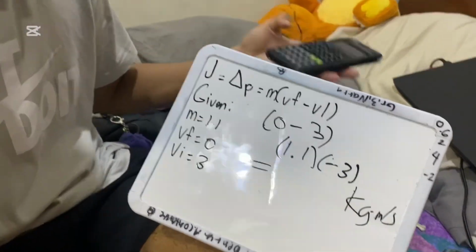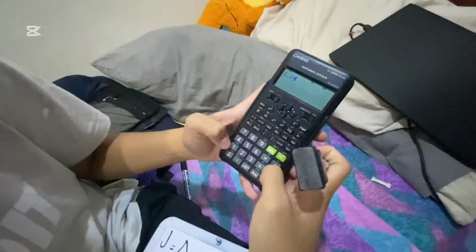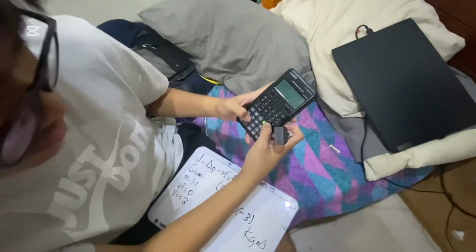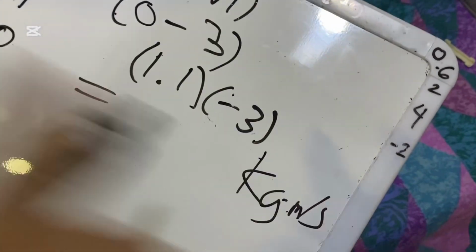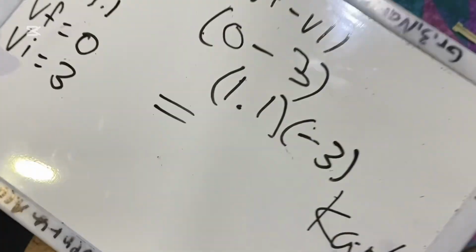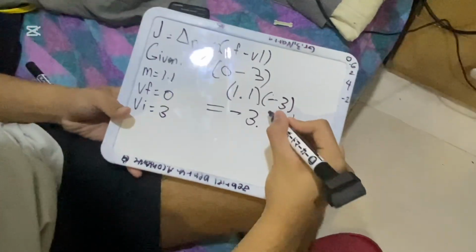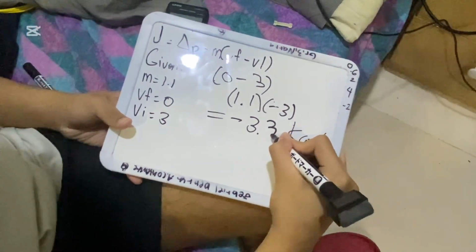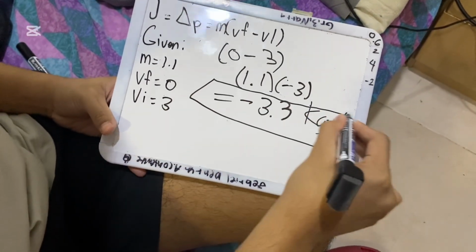Anyway, 1.1 times negative 3 is going to be negative 3.3 kg times meters per second. Kilogram times meter per second. So negative 3.3. There you go.